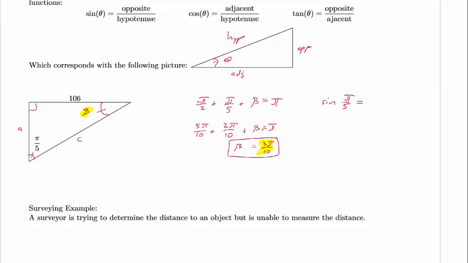Sine, we have our opposite, which is 106, divided by C. So C equals 106 divided by sine of pi over 5.